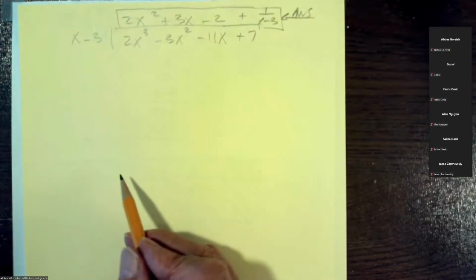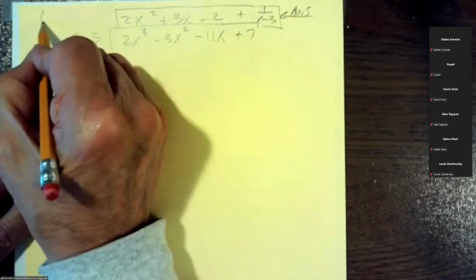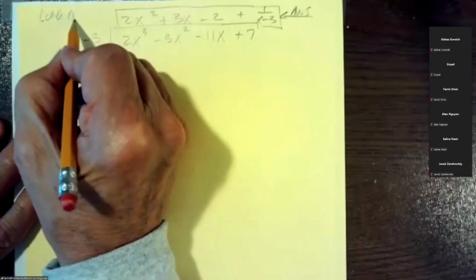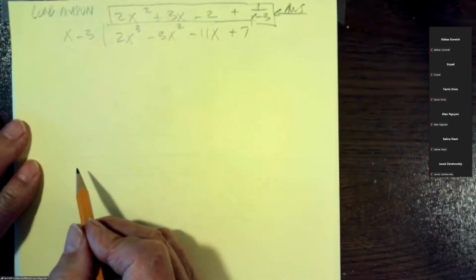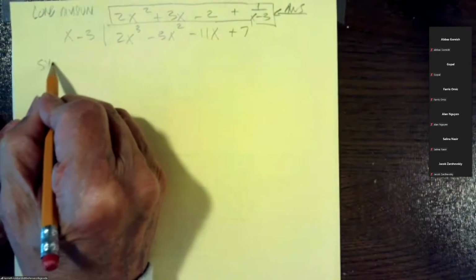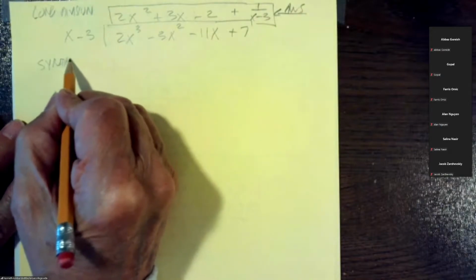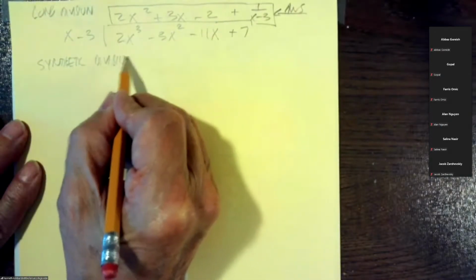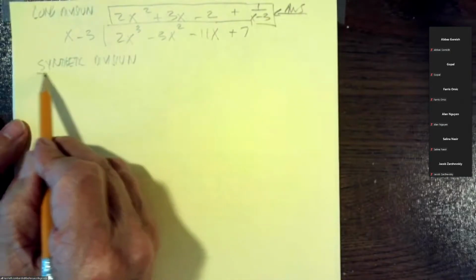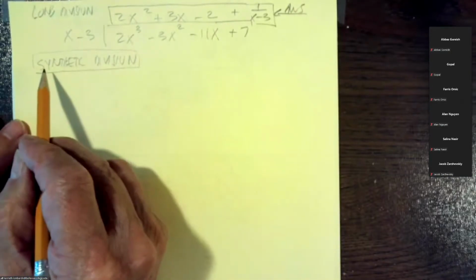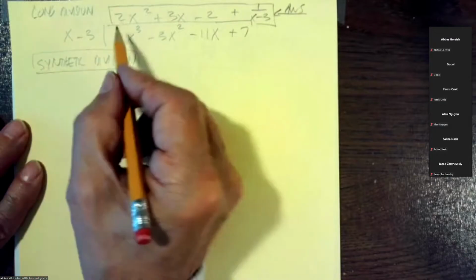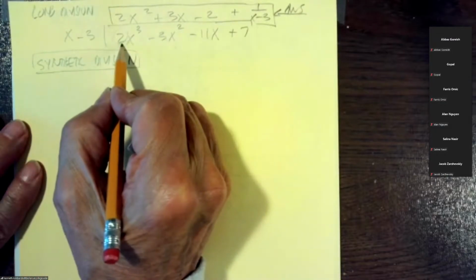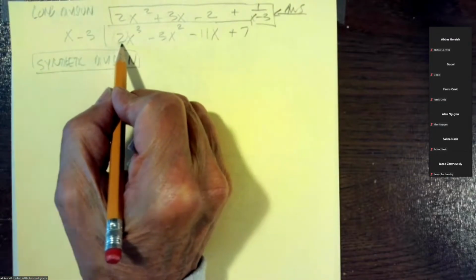Okay, now I'm going to do it. This was long division. Now I'm going to do it something called synthetic division. Now with synthetic division, we use just the constant that's multiplied by the variable.